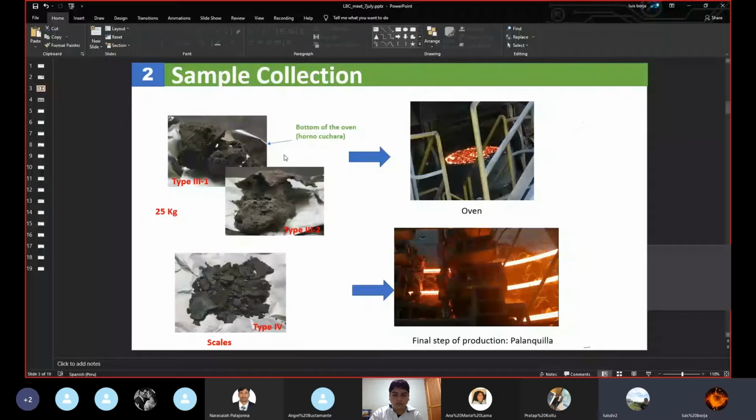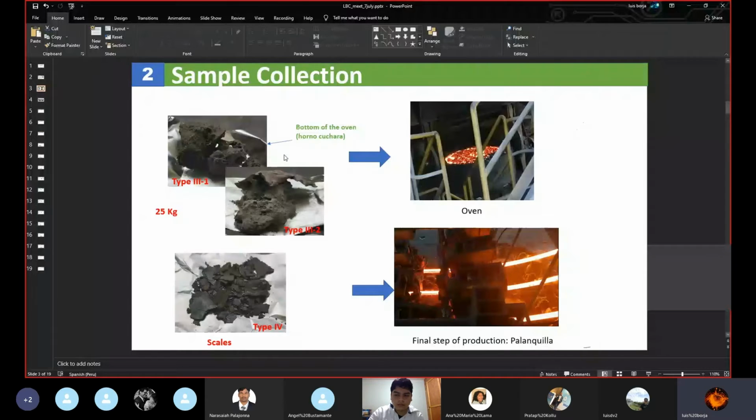So the first technique that we used to characterize the samples was SEM, EDX and X-ray.